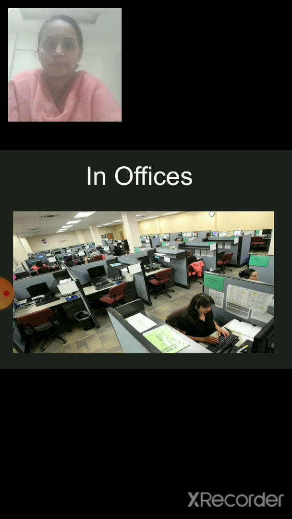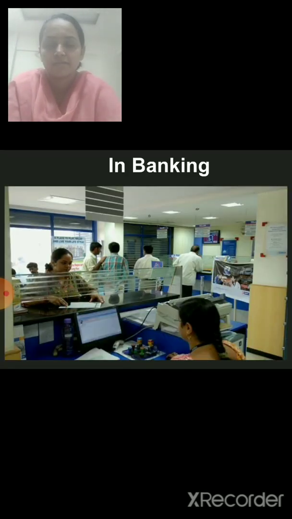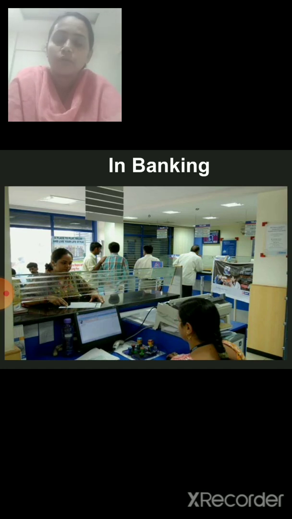Next, in banking sector. In bank, what is the use of computer in the bank? In bank, all the records of money transactions are saved into the computer to maintain the customer account details, to keep a track of deposits, withdrawal, to keep a record of all the transactions that take place daily, keep a track of all the money transactions.